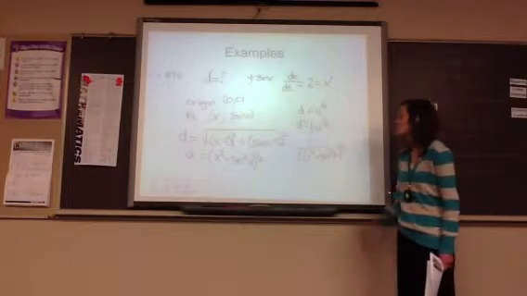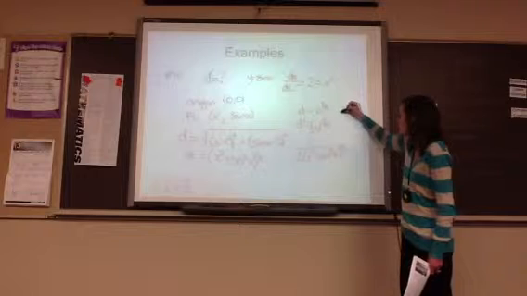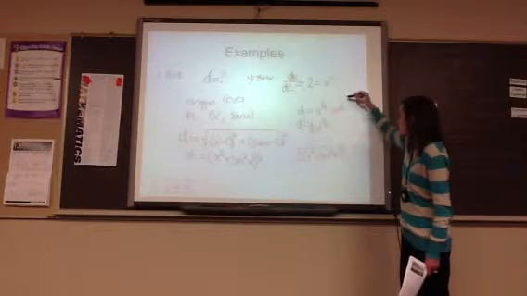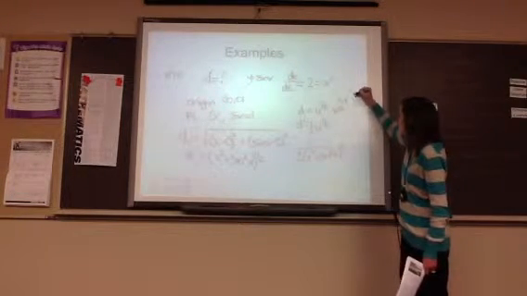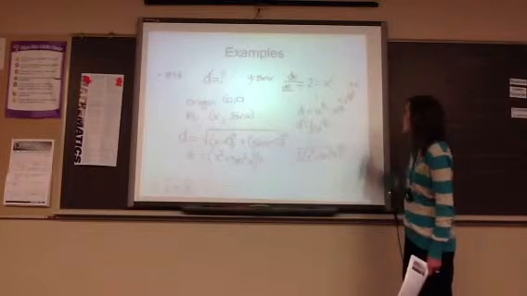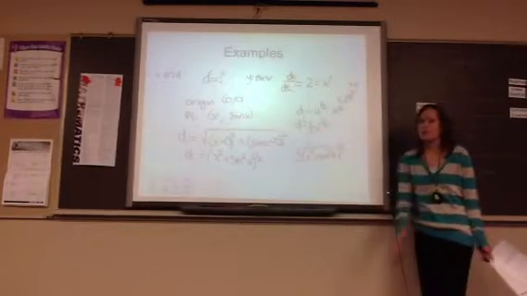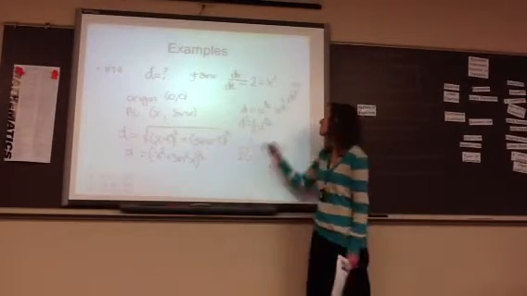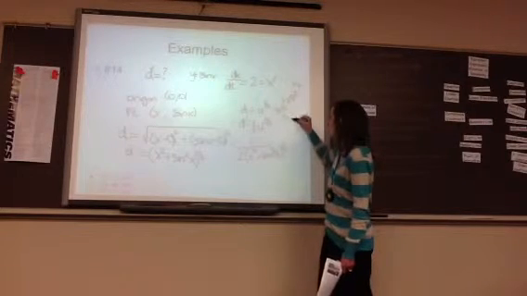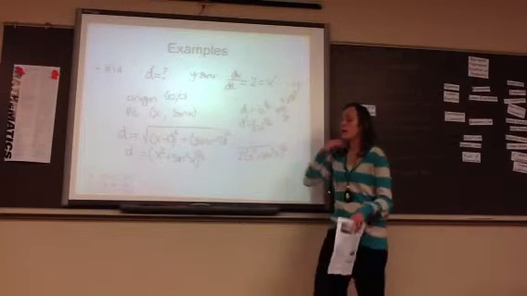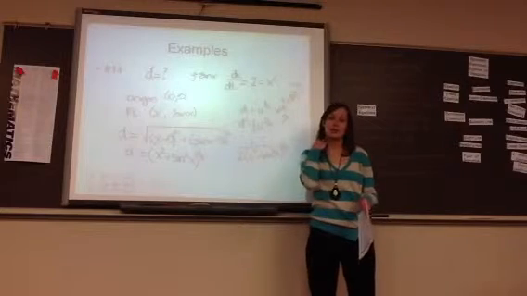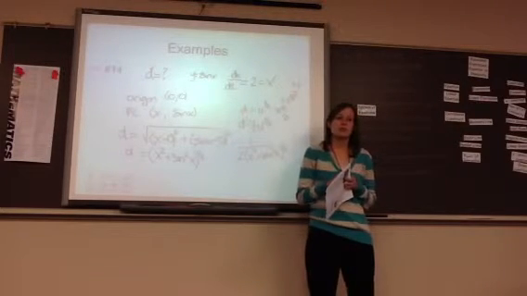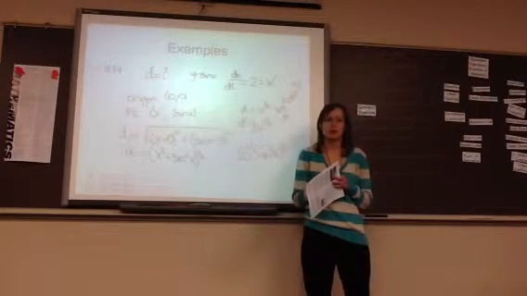Now u is x squared plus sine squared x. So what's the derivative of x squared? Doesn't matter where you put the square. So derivative of x squared is 2x. What's the derivative of sine squared? Can you do it?